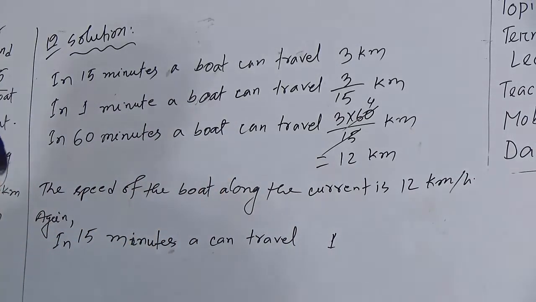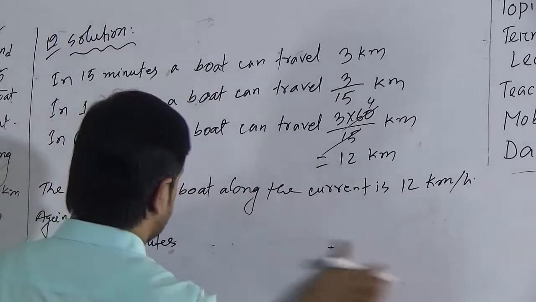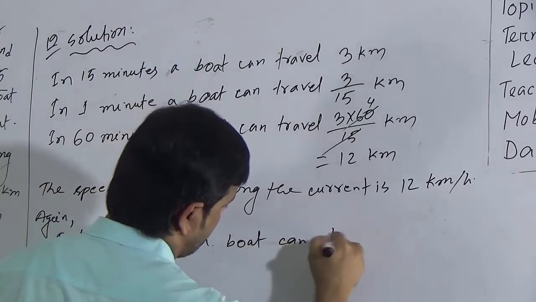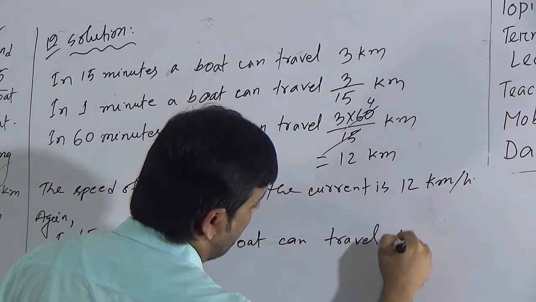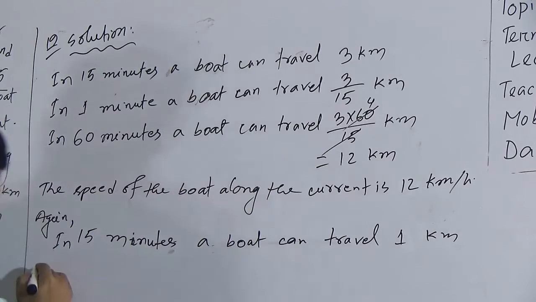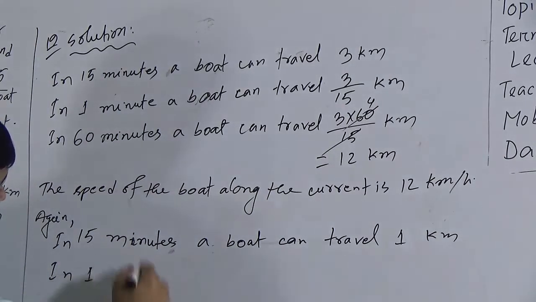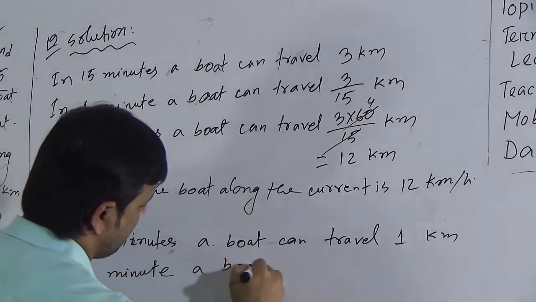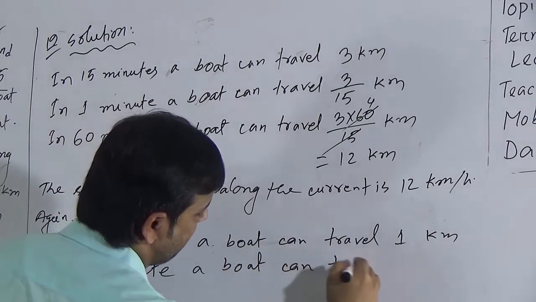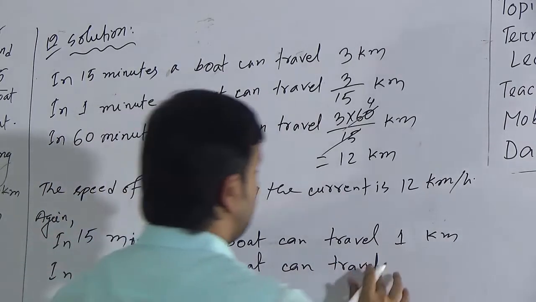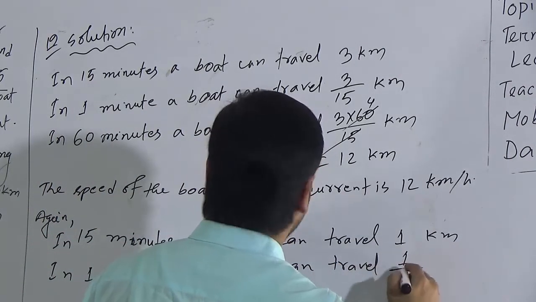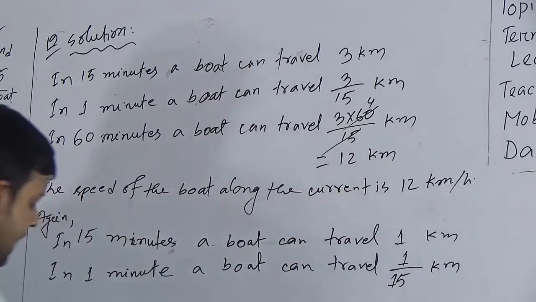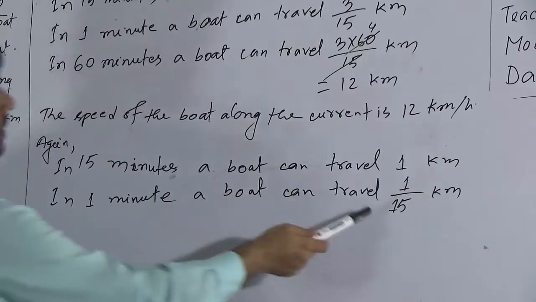In 1 minute a boat can travel 1/15 kilometer. As the time is less, so the distance will be also less.